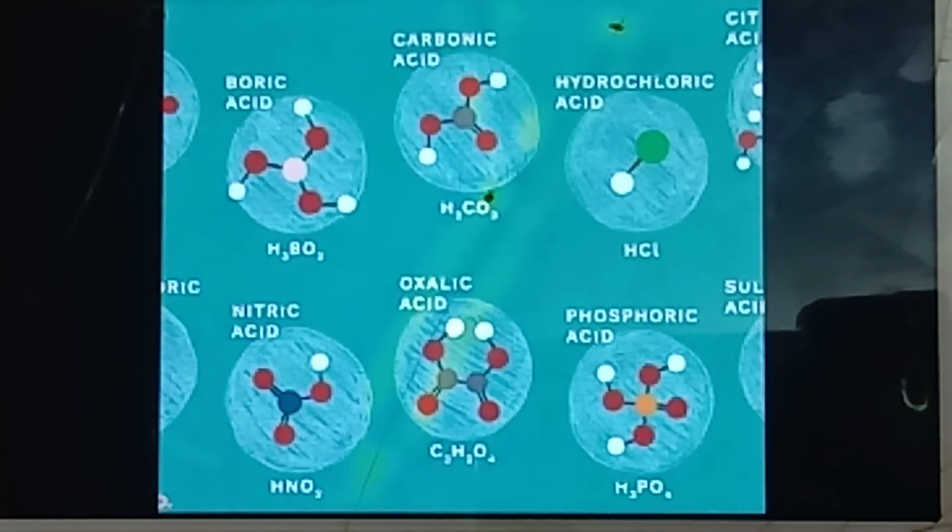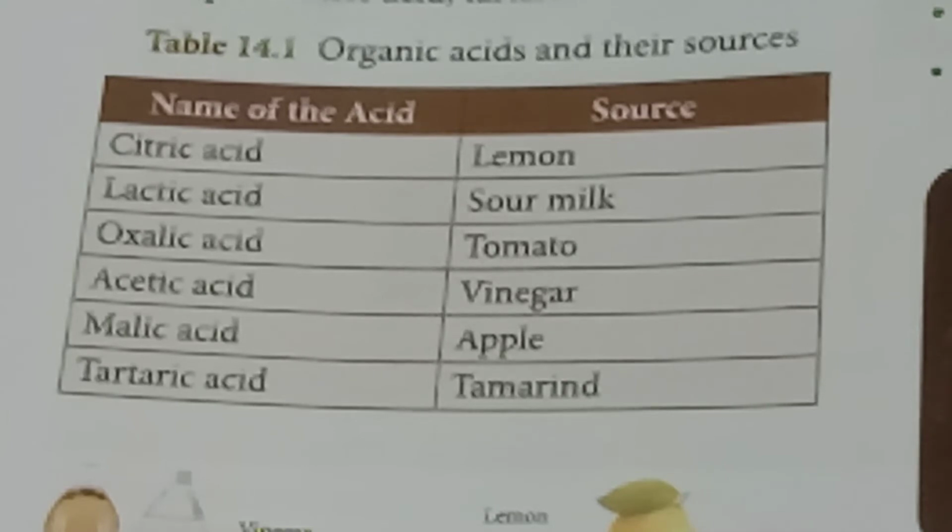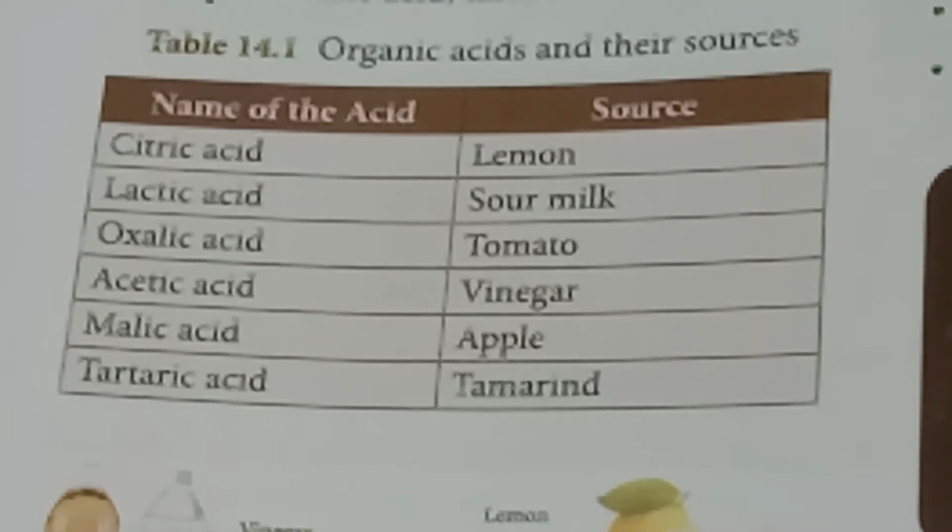These are called organic acids because they occur naturally, for example citric acid, tartaric acid, etc. The name of the acid and the sources are: citric acid in lemon, lactic acid in sour milk, oxalic acid in tomatoes, acetic acid in vinegar, malic acid in apple, tartaric acid in turmeric.